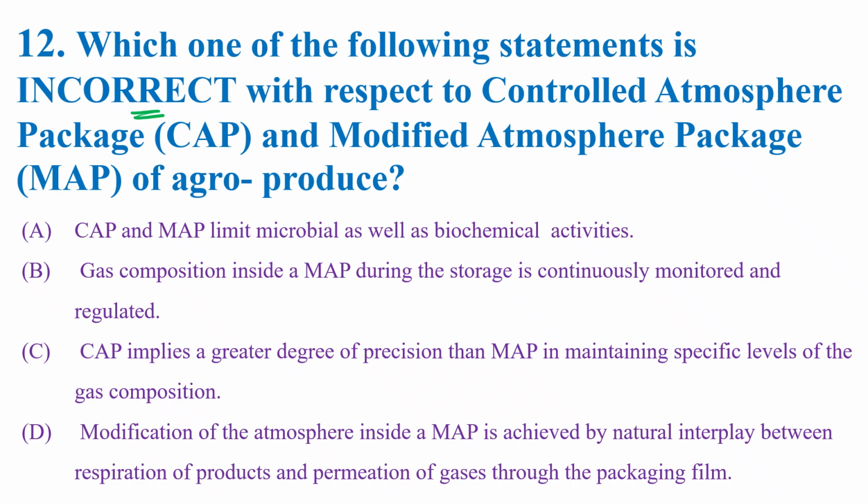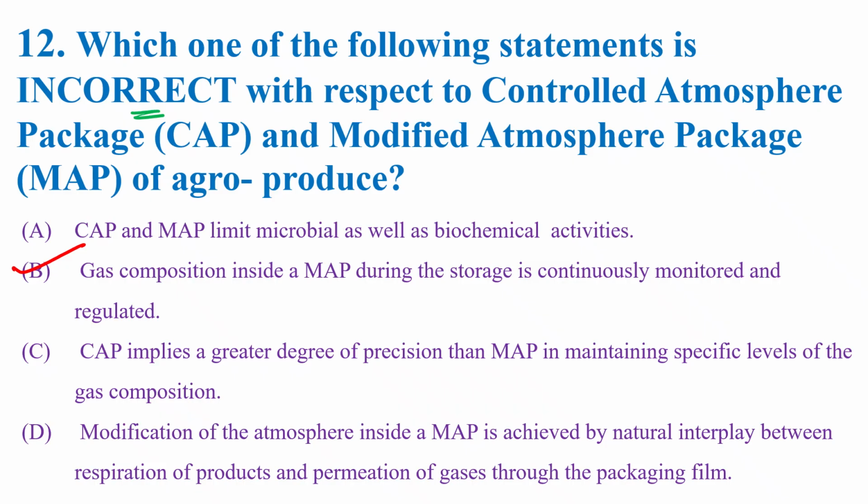So option number B is my incorrect statement, whereas the other options, that is both CAP and MAP, will slow down the growth and the biochemical reactions. Yes, this is true. And CAP is more precise than MAP in the gas regulation. This is also true.